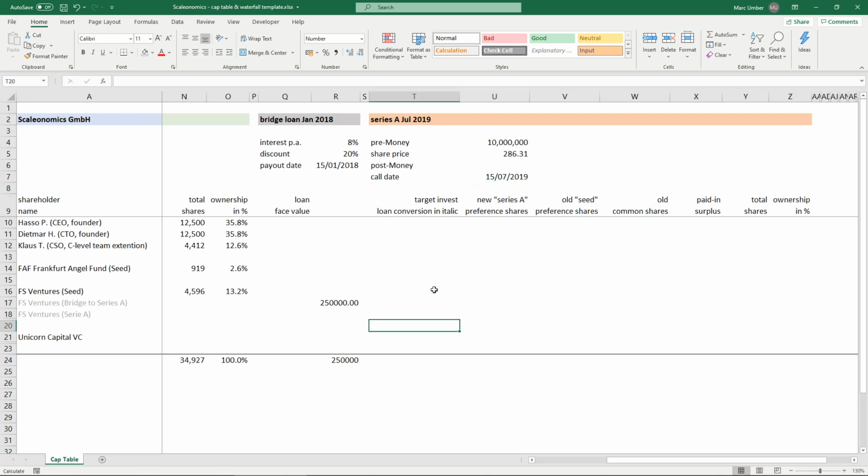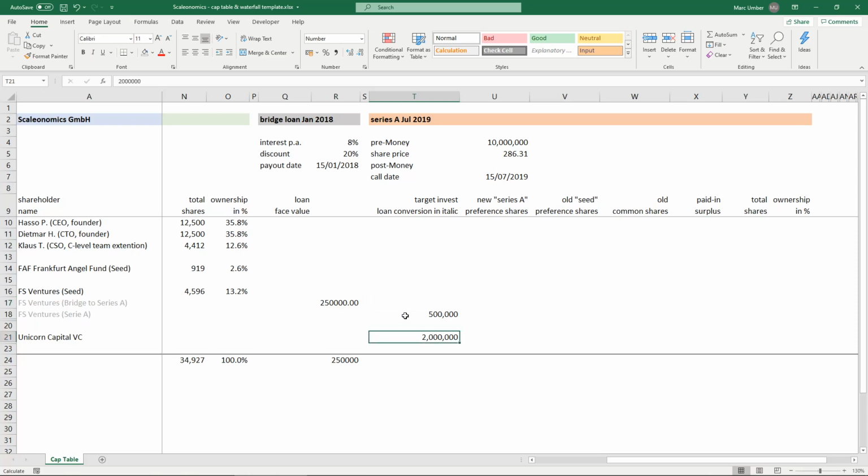And let's put down the numbers. Unicorn Capital intends to invest 2 million. Frankfurt School Venture Capital invests another 500,000. And they will also convert the loan outstanding, including the accrued interest, but at a discount share price.